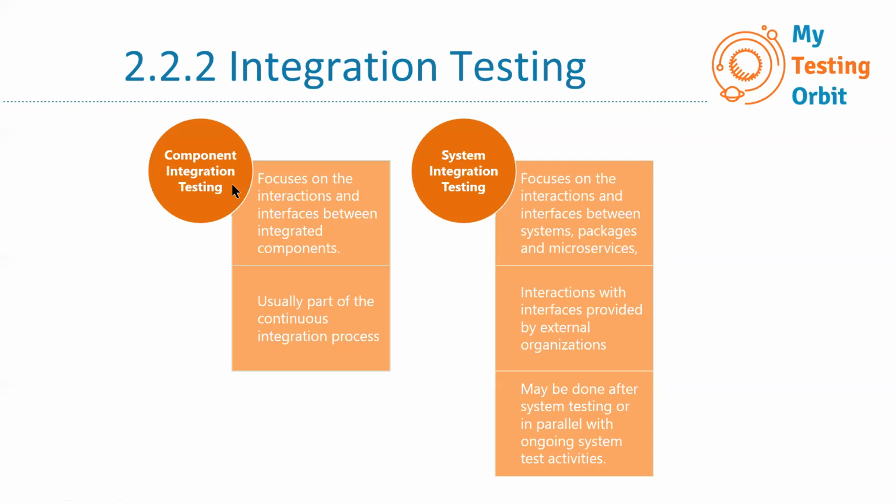This testing focuses on the interaction and interfaces between integrated components. As I already mentioned, if we have multiple components in a software system, and we take two or more components, then we can perform integration testing between them. But there should be at least two components available. Component integration testing is performed after component testing.